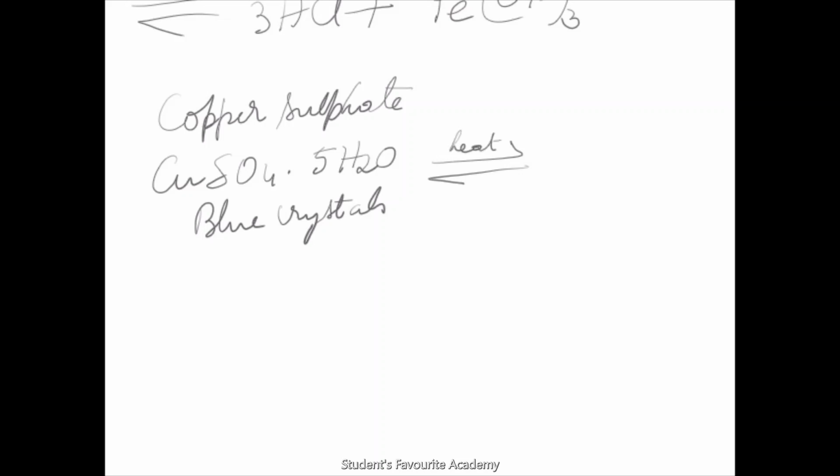They lose that blue color and it becomes a white powder. Why? Because anhydrous copper sulfate is white in color and it is not crystalline, plus those 5 molecules of water evaporate when you heat it.